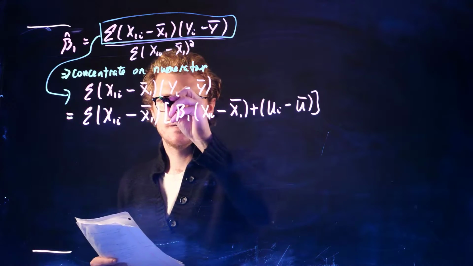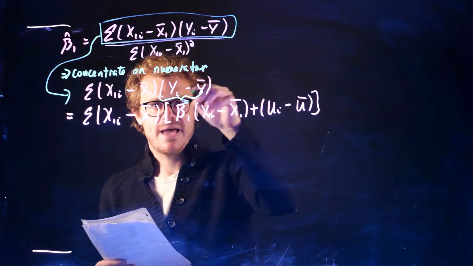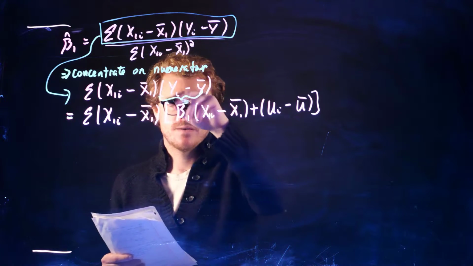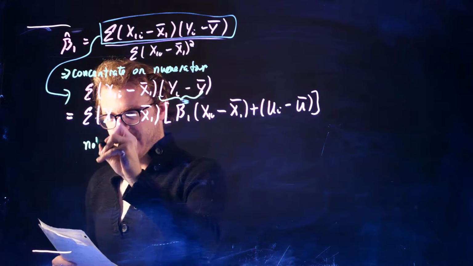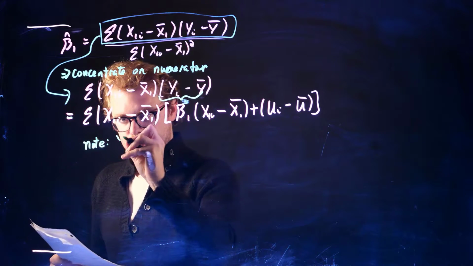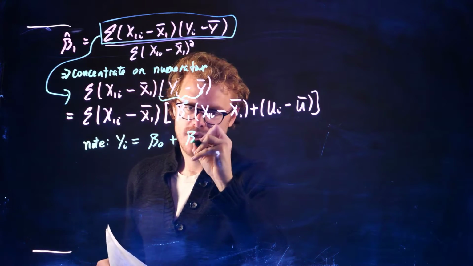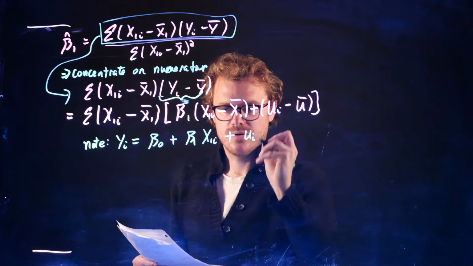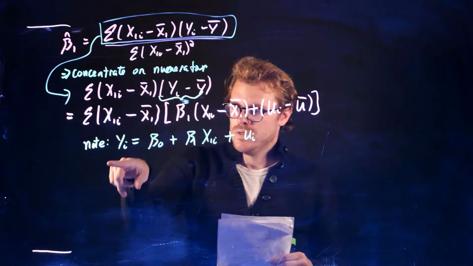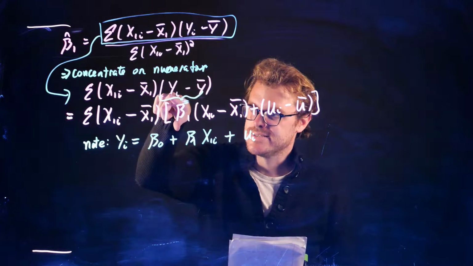So we're basically expanding this second bracket to be equal to this long thing. I'm just going to write a quick note to explain that. We know that yi equals beta 0 plus beta 1 x1i plus ui. So we can plug this in there.